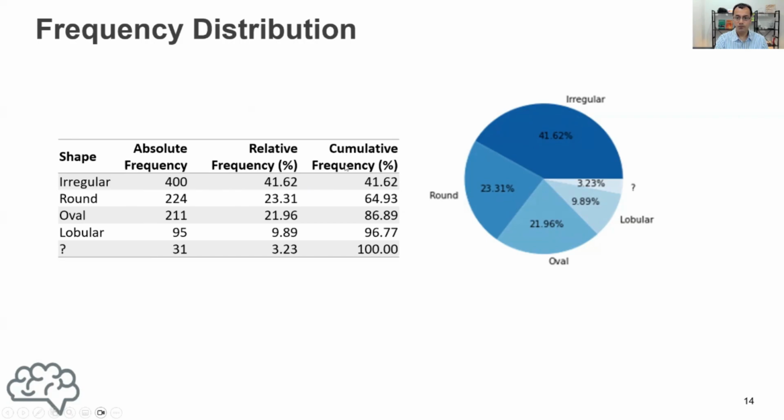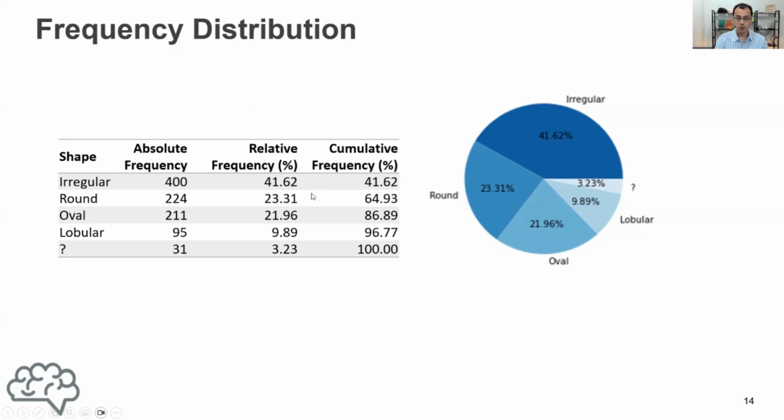The cumulative frequency takes the same values. Here we are calculating the relative cumulative frequency, but we could also calculate the absolute cumulative frequency. In this case, to calculate the cumulative frequency, all that we have to do is to sum the current value of the frequency with its previous ones.